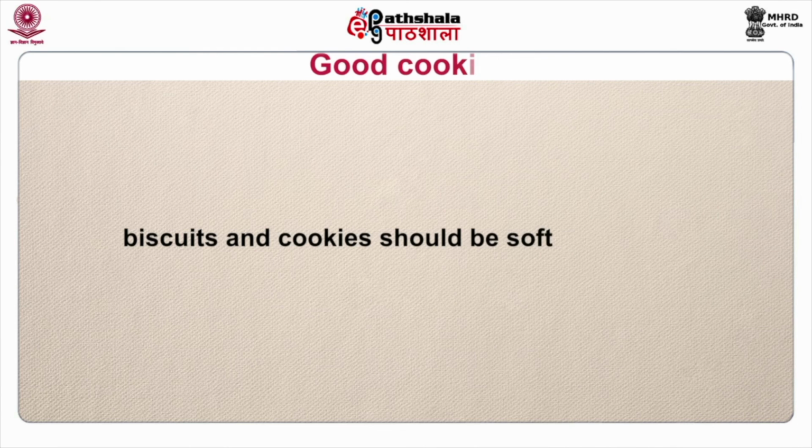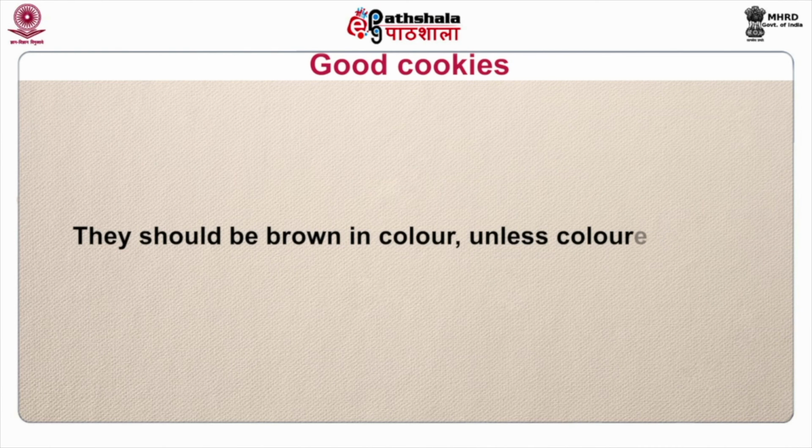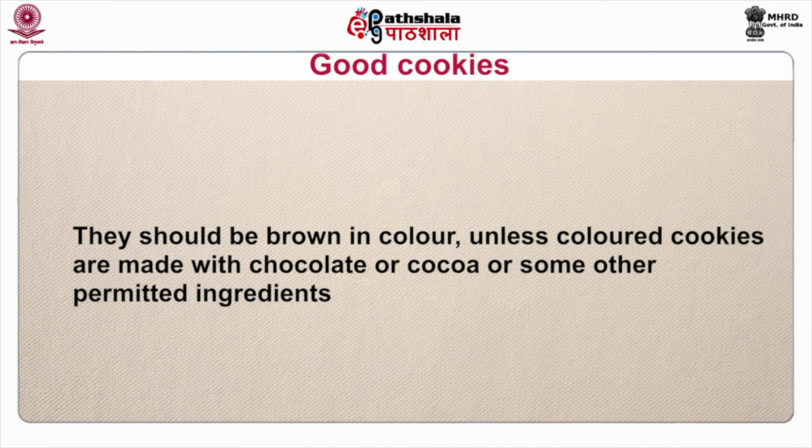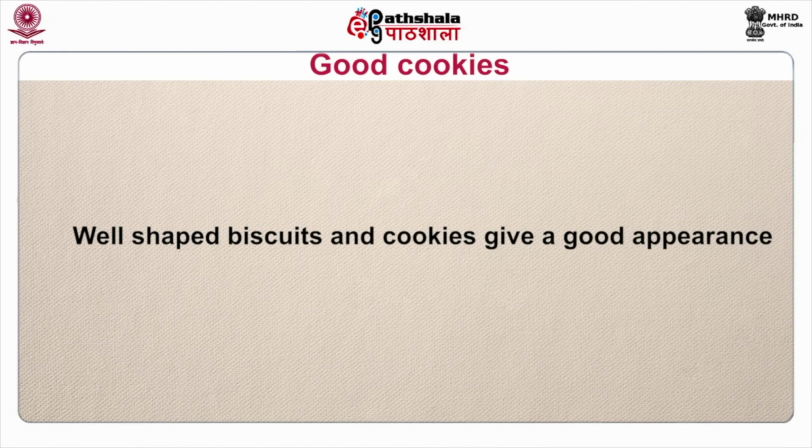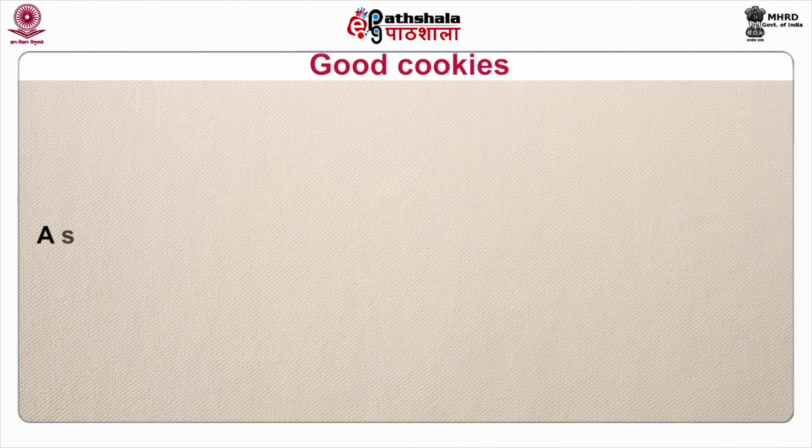Characteristics and guidelines for making cookies. The following are the characteristics of good cookies. Biscuits and cookies should be soft and crisp. They should be brown in color unless colored cookies are made with chocolate or cocoa or some other permitted ingredients. Well-shaped biscuits and cookies give a good appearance.